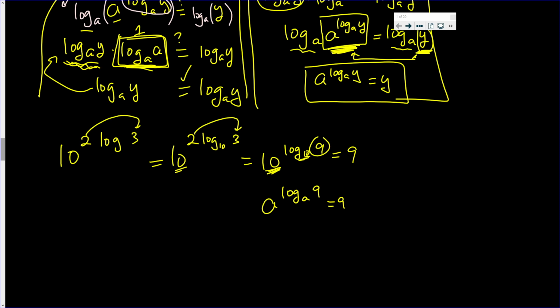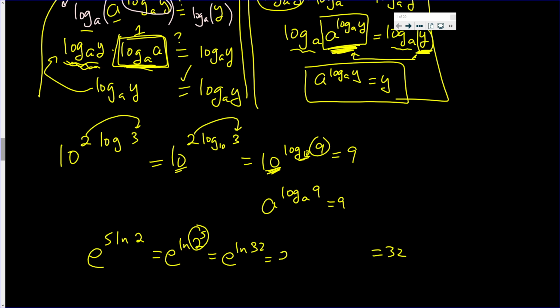So, for example, if you had e to the 5 ln of 2, well, this is e to the ln of 2 to the 5th. Now, you can say right away the answer is 2 to the 5th, or if you prefer, 2 to the 5th is 32, and the answer is 32.